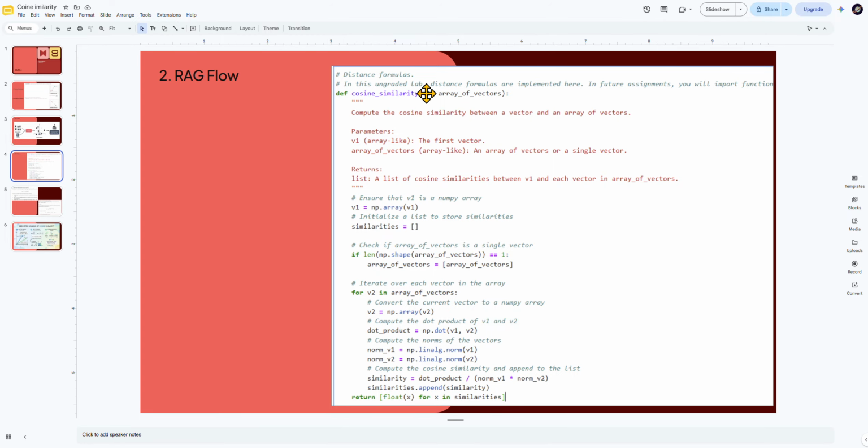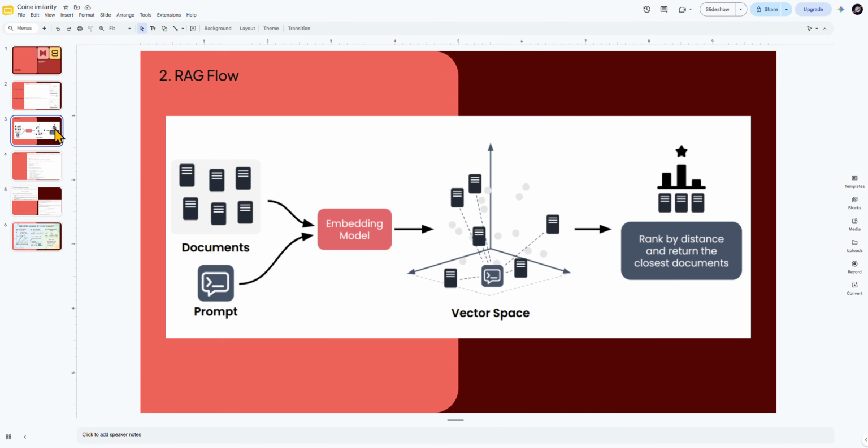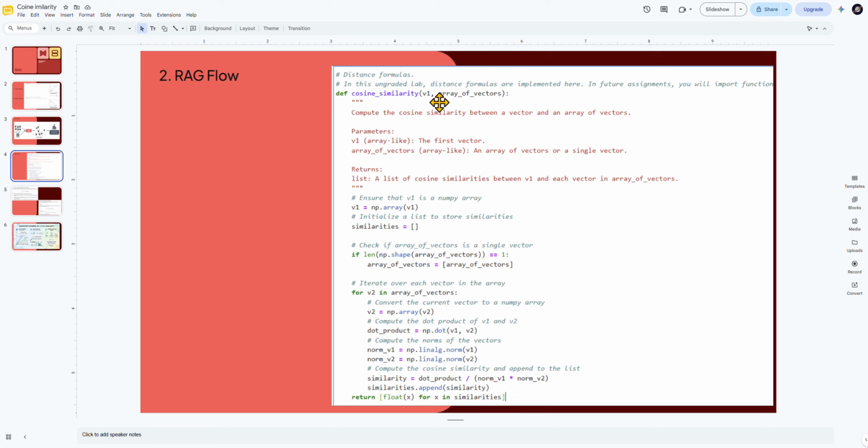Basically, you have two inputs. One is this array of vectors, which is all your documents. You pass all your documents inside this function, and then you pass your prompt. Your V1 is your prompt, and the array of vectors is all the other vectors that you want to compare and find cosine similarity with.